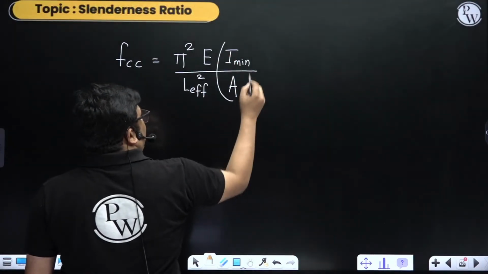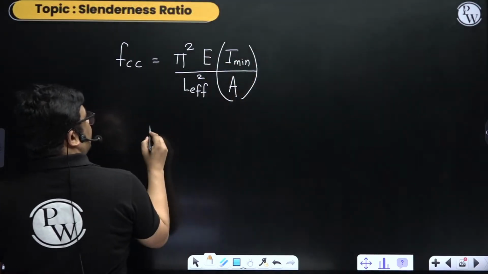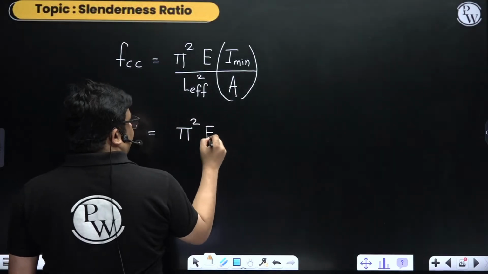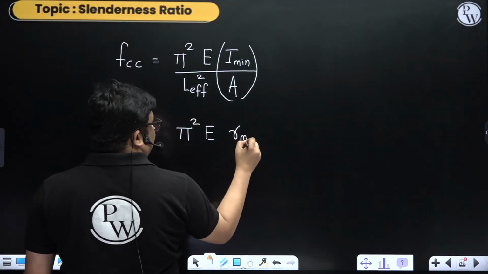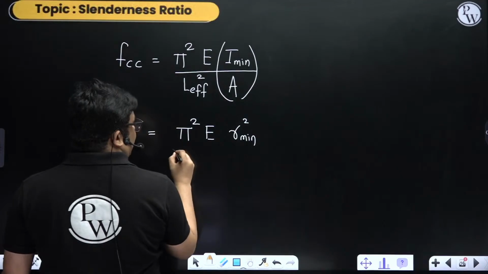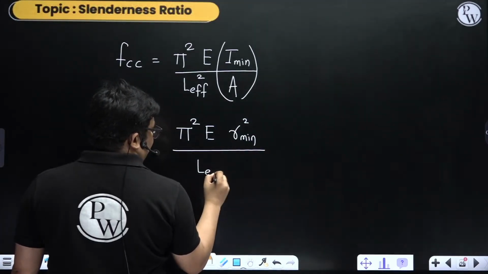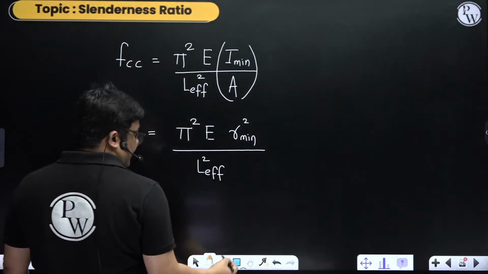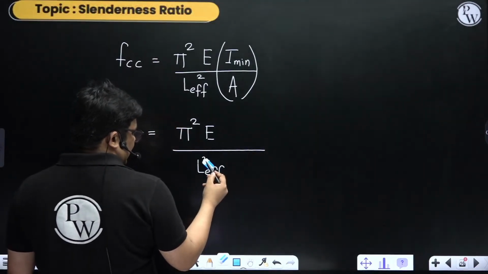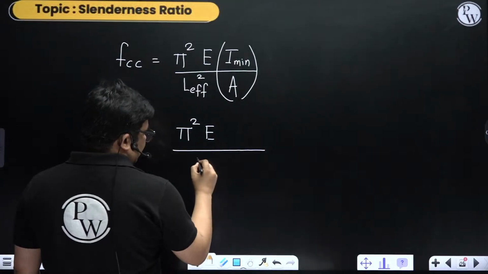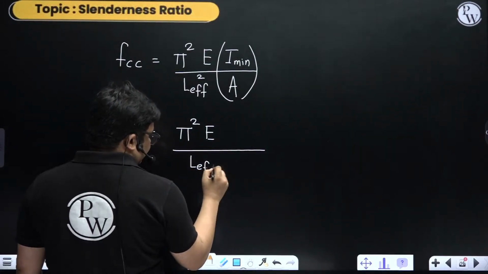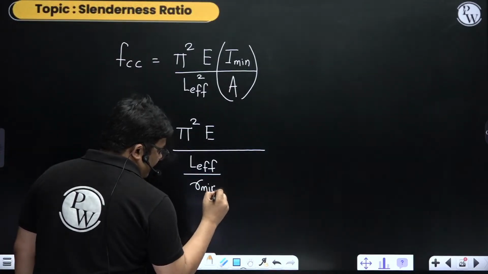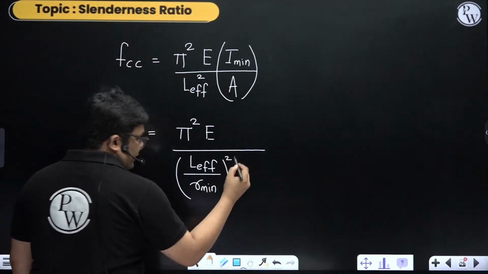And this was R minimum square. So this becomes pi square E R minimum square divided by L effective square. Now I can bring this R minimum down and write this as L effective by R minimum, and then whole square.